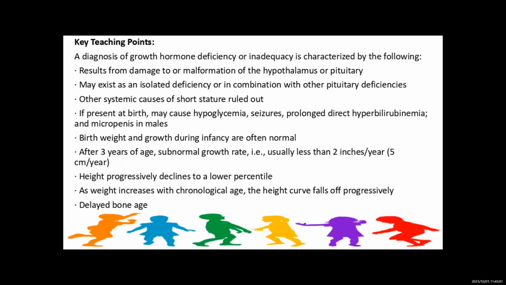Now, the weight increases with chronological age. You remember on the graph how his weight was just following normal, at the 50th percentile with the normal average. I don't know if you remember that. Okay, exactly, good. And then there is also a delayed bone age. Unfortunately, we did not get details on that.